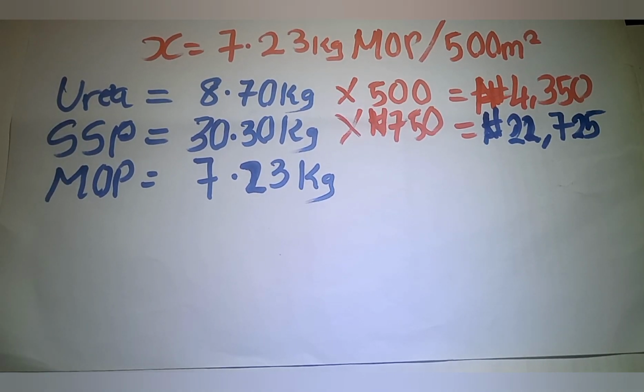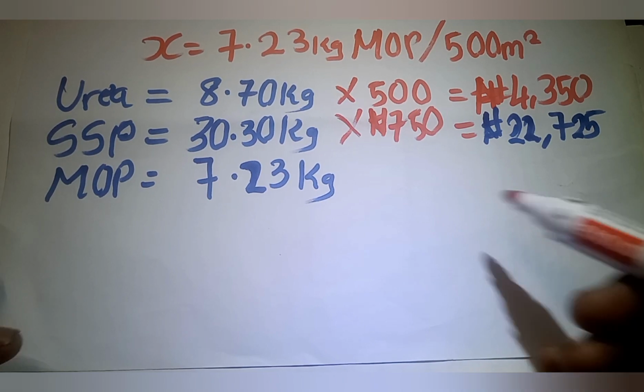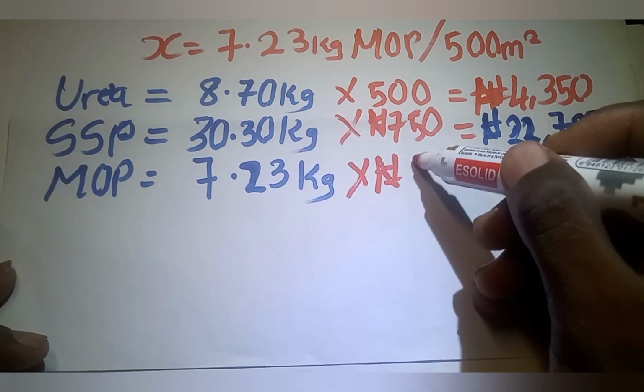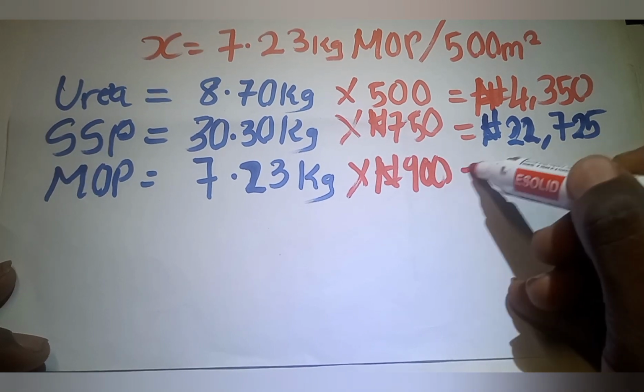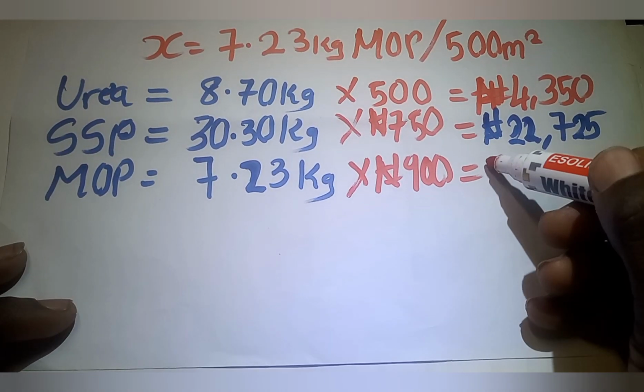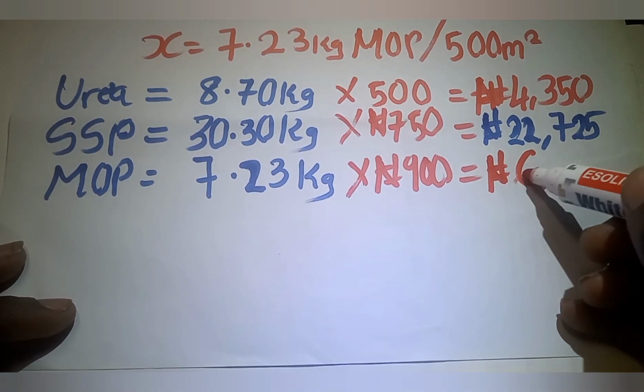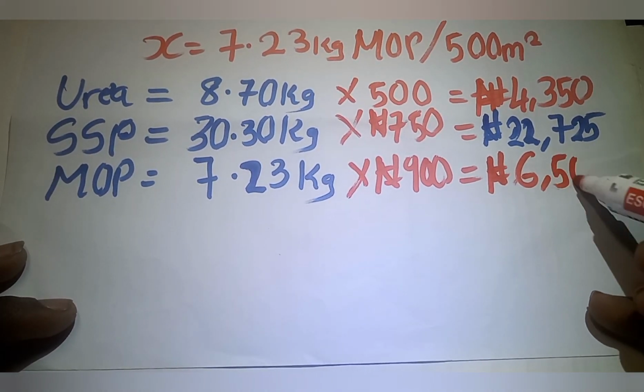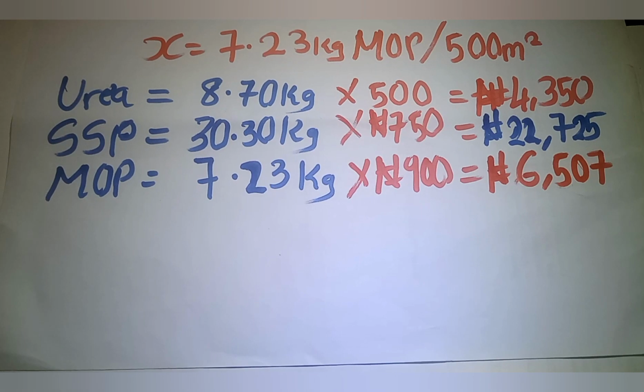And for the third one, we have 900 naira, so multiplied by 900. If you multiply this, you're going to be having 6,507. So these are the values for the second question.